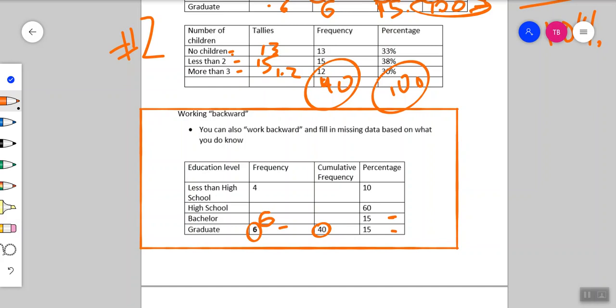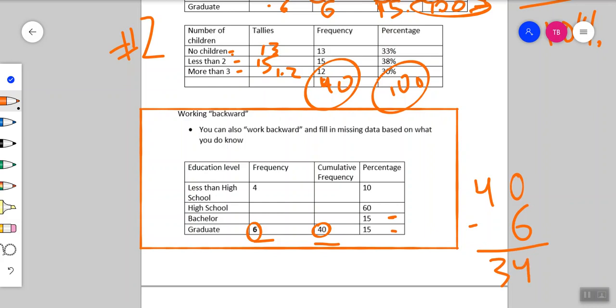So cumulative frequency, if you recall, is this category plus all the ones before. So one way you could fill this out is to take the cumulative frequency and subtract the frequency in that category. So for instance, 40 minus 6 equals 34.